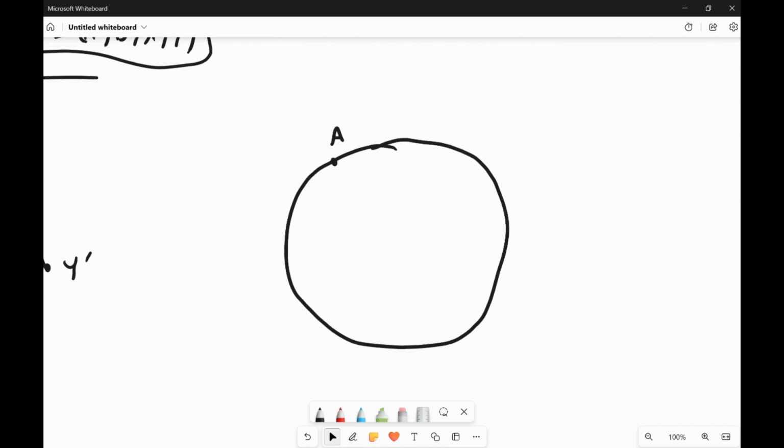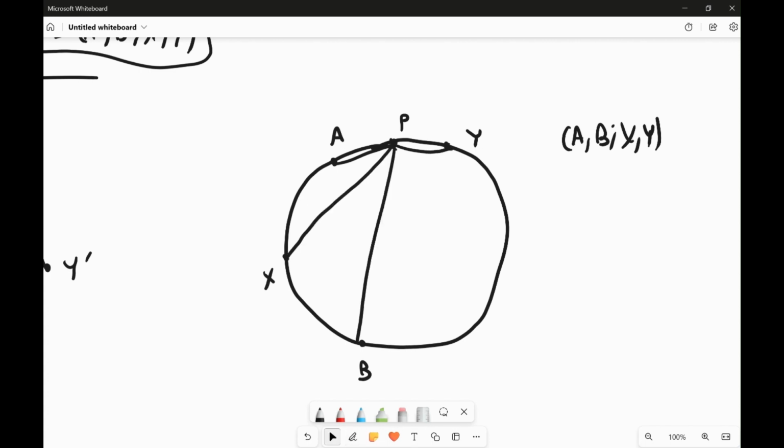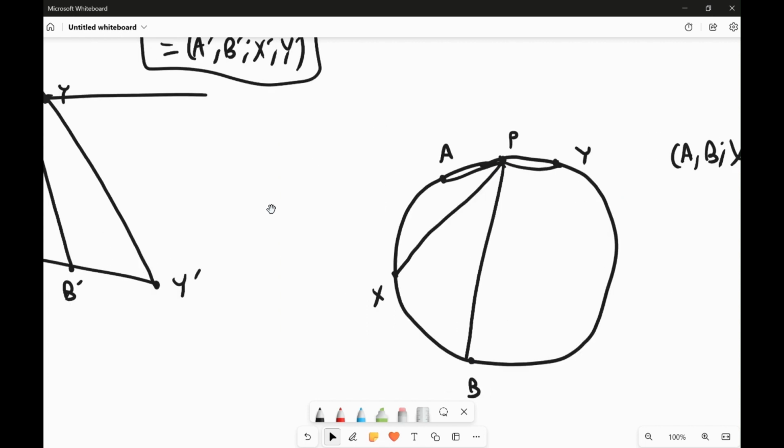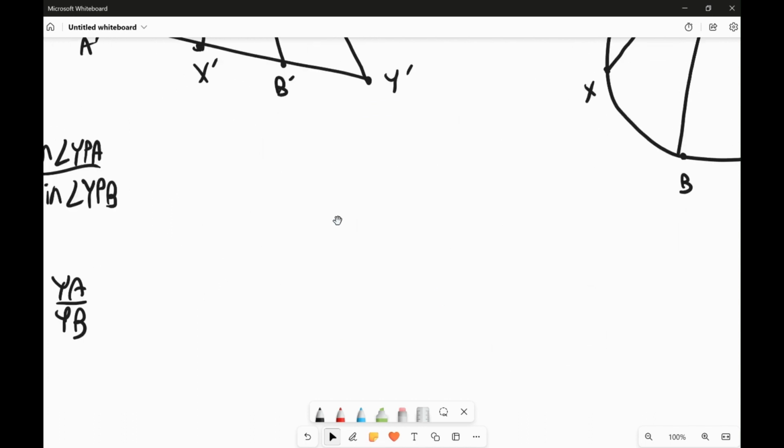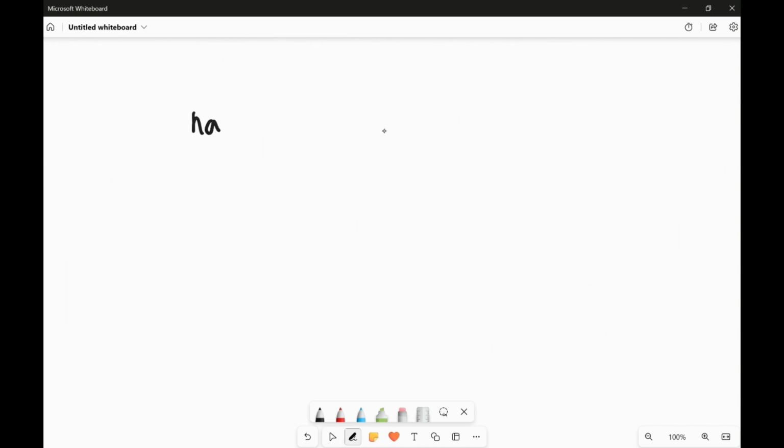So if we have A, B, X, Y, then the cross ratio (A, B; X, Y) for points on a circle, if you have a point P here, then you draw these lines here, that means that it's equal to just the cross ratio of these lines, PA, PX, PB, PY. And it's constant for any point P on the circle by the inscribed angle theorem. And now let's get to the most important type of cross ratio, called a harmonic bundle.